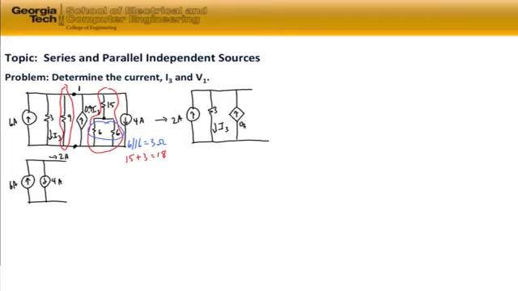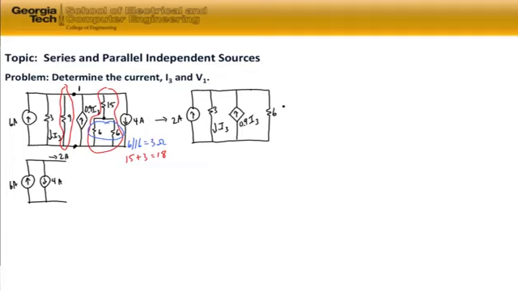We leave our current-controlled current source intact, a 0.9 I3 going upward. And we have our combined resistance, which is a 6 ohm resistance. So that's our redrawn circuit.